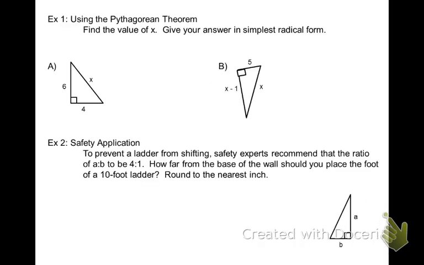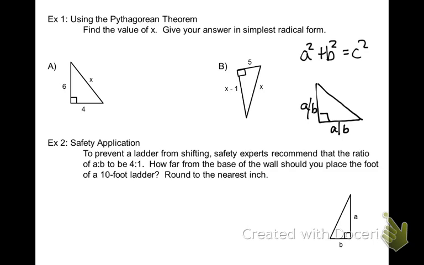It's right here. For your information, the formula for the Pythagorean Theorem is a squared plus b squared equals c squared. Now, on a right triangle, the a and b are what's called your legs.